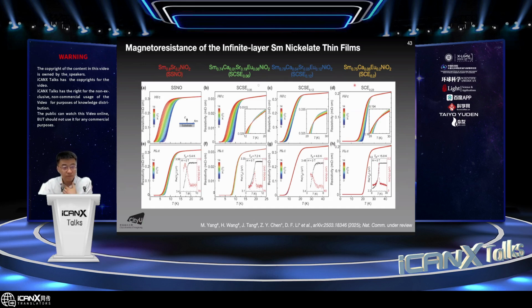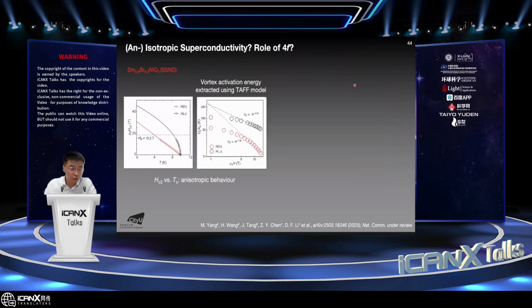If one visualizes what I just told you by plotting the so-called upper critical field, a field that can suppress superconductivity, or even completely kill superconductivity, for magnetic fields applied along different directions, you can see that indeed there is a strong anisotropy. And this is marked by the analysis of vortex dynamics in the system from these measurements.